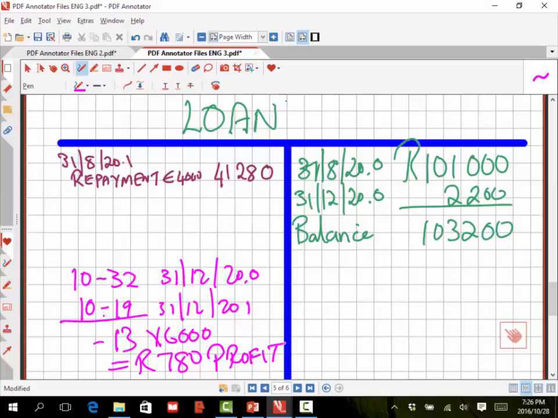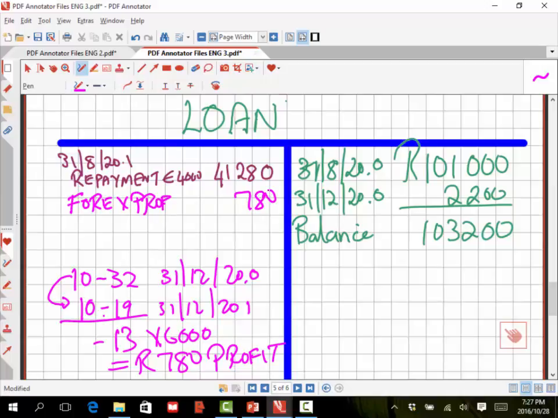Now that adjustment, please remember, is a profit. And the reason it being a profit, the rate went down from 10.32 to 10.19. So in euro terms, we are now owing them less. And for that reason, that is a profit. So there you will now say the Forex profit of 780.